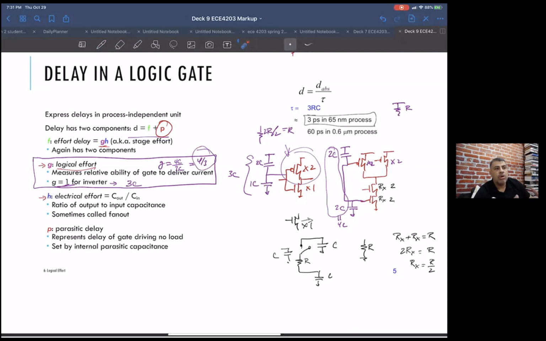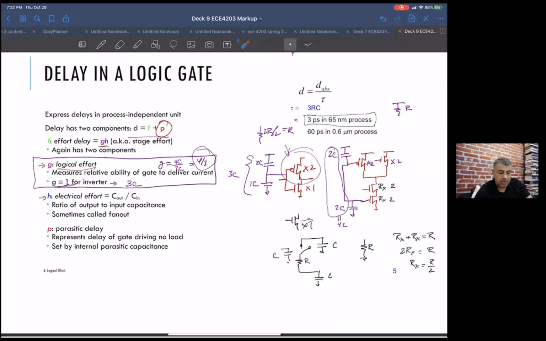So more complex circuits will have larger delays. By looking at the ratio of input gate capacitances to the input gate capacitance of an inverter, we call this logical effort to make up for that. This gets very confusing, but bear with me. Hear the story out, and we'll do some examples.